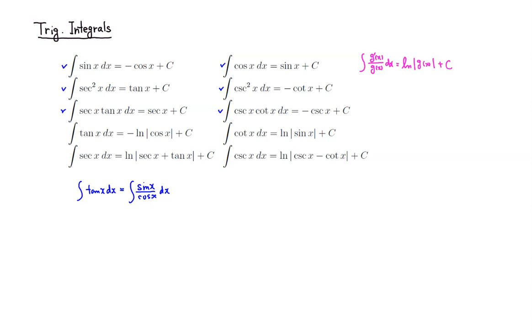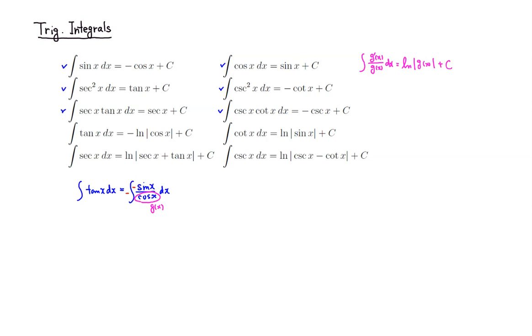If you think of cosine of x as our g of x, the derivative, g prime, would be negative sine. I would like to have a negative sign, so I'm going to put a negative sign here and put the negative sign outside.